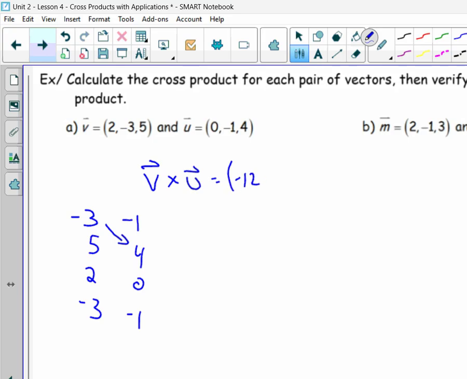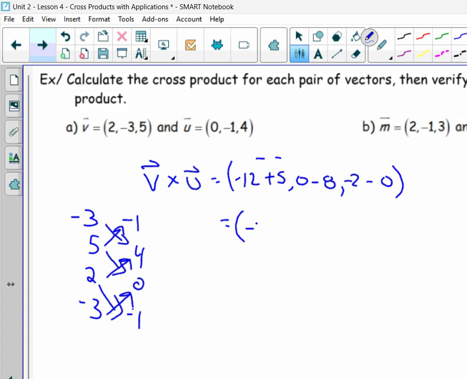So -12 minus, it's minus -5, so I'm going to write this as a +5. It's really like doing a minus minus. 5 times 0, that's nice. 0 minus 8, and -2 minus 0. Okay, I think you should have -7, -8, and -2.